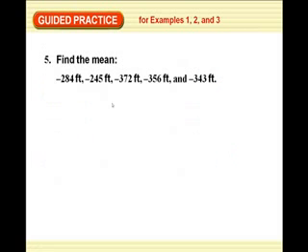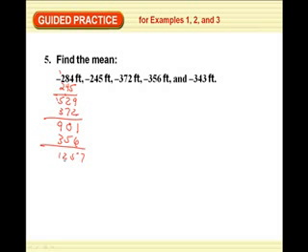Find the mean. Okay, we add them up. They're all negative. I'm going to add 2 at a time. 12, carry the 1. 372. 356, 7, 5, 12, 343.